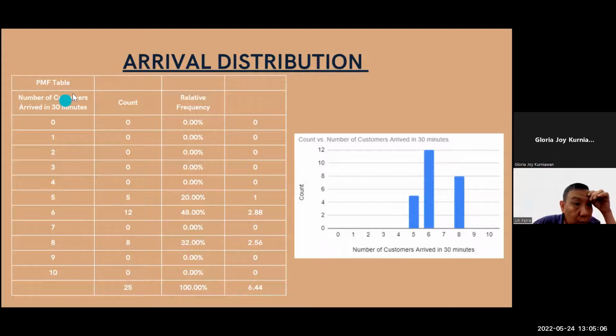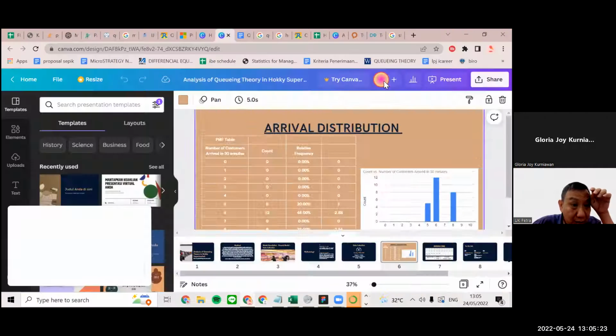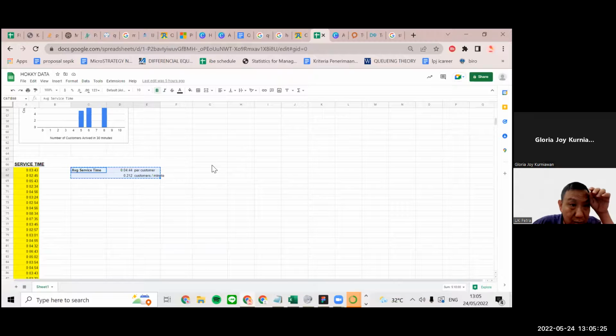I made a PMF table like the ones you made in your tutorials. Maybe the gradation could be per 30 minutes, or if you make it 5 minutes, we'll get better results. Wait, I'll just show you.